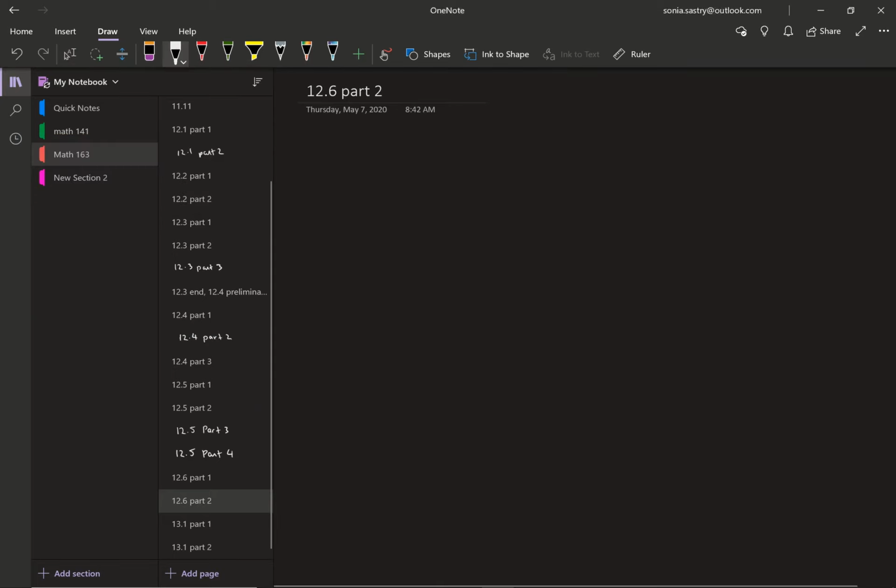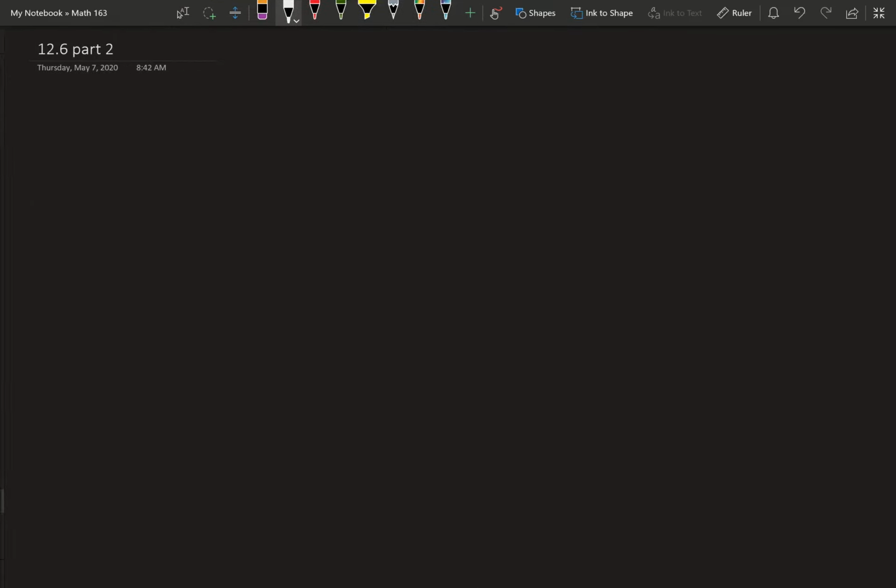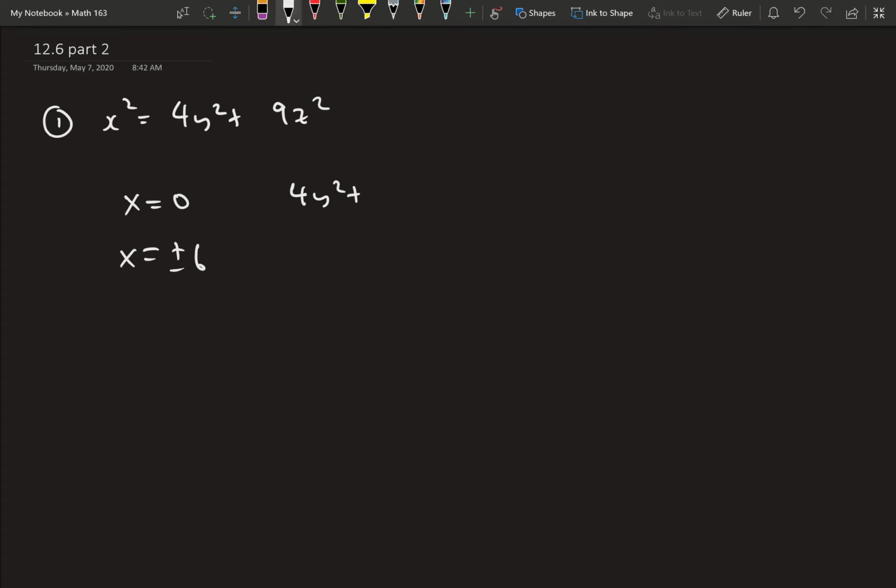Okay, so we're going to start the second part of 12.6 with the exercises from the last video. And so this, if you fix a couple of values here, so say 0 and plus or minus 6, we get 4y squared plus 9z squared equaling 0, which means y and z must be 0.